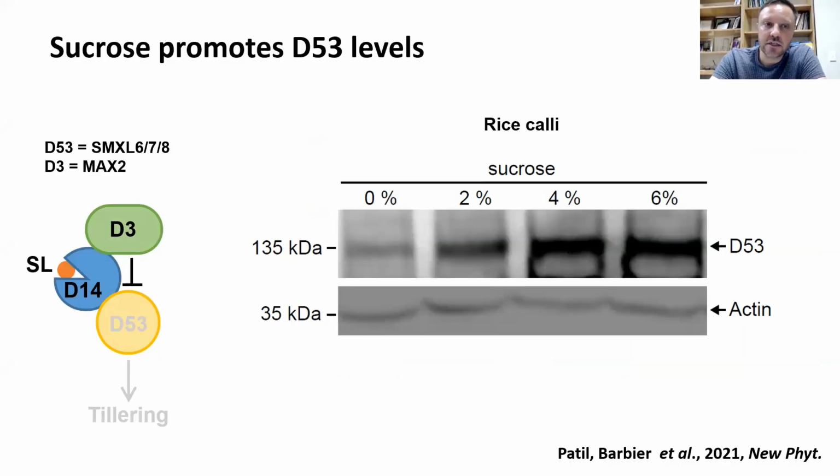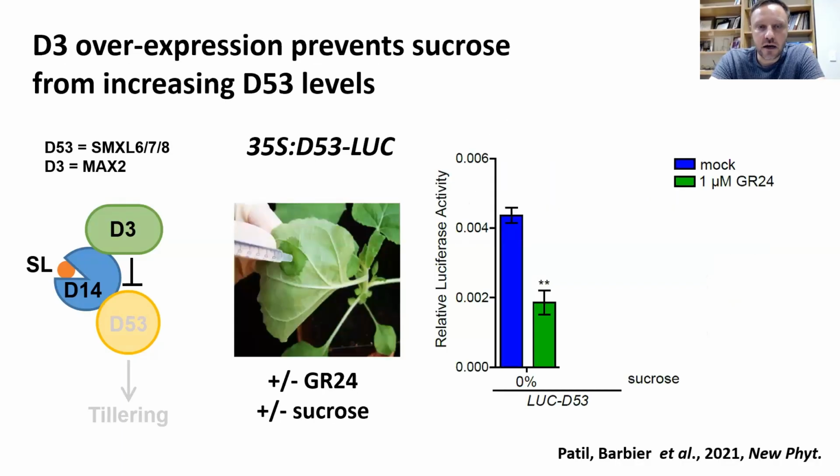And then we wanted to test the antagonism with strigolactones. So we used another assay, which is agro-transfected tobacco leaves. Here we used the luciferase-D53. And when you transfect the leaf with this construct plus or minus strigolactone, so GR24, you can see that there is less accumulation of the protein, suggesting that strigolactone leads to the degradation of D53 in this assay.